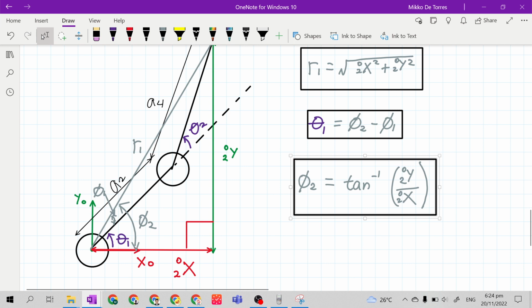Now we have the value of phi 2. We need the value of phi 1 to solve for theta 1. Phi 1 is located here.